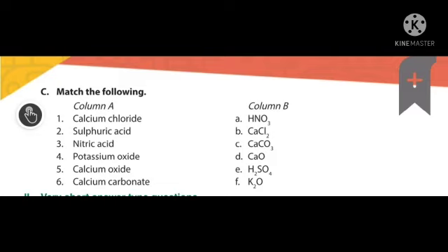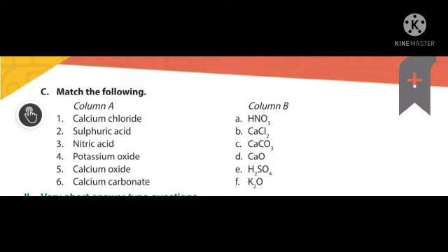Nitric acid, HNO3. Potassium oxide, K2O. Calcium oxide, CaO. Calcium carbonate, CaCO3. Okay, so once more we can learn this.